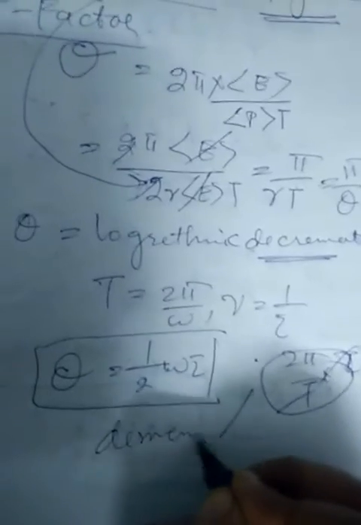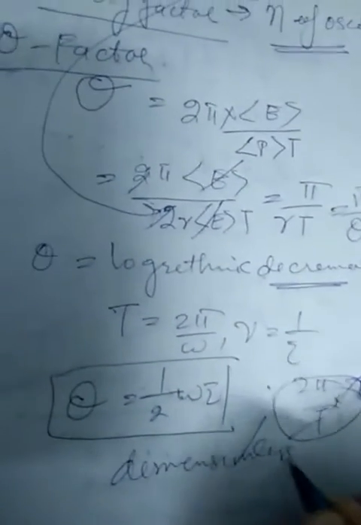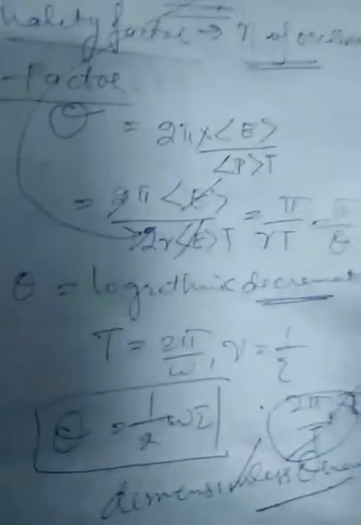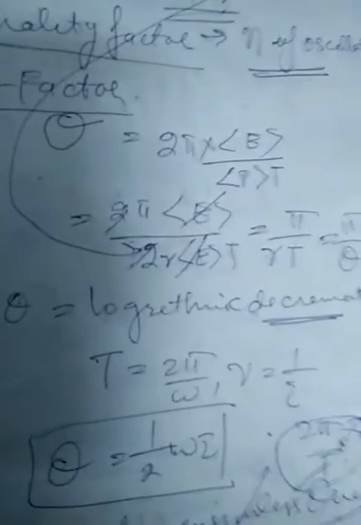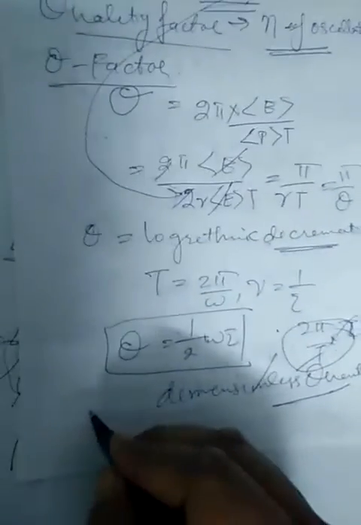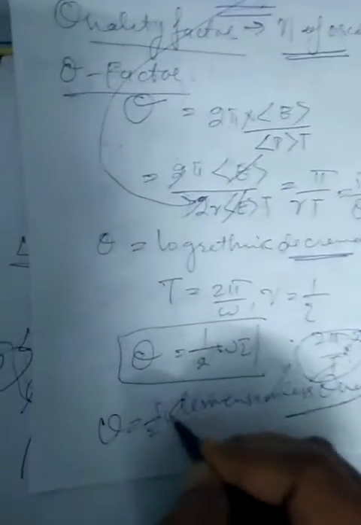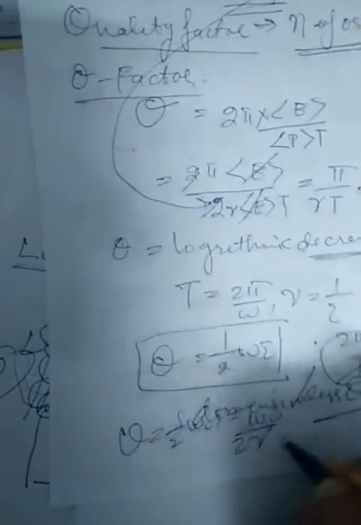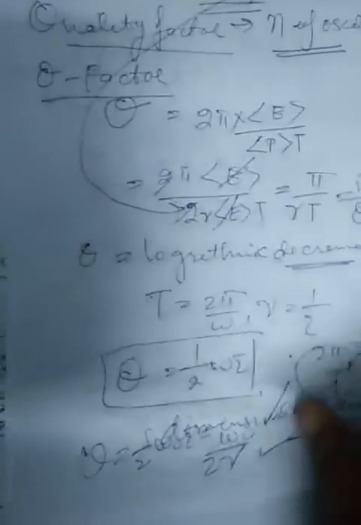So Q is a dimensionless quantity. That's the value of Q which we are able to find. Now, this value of Q can also be written in another form, 1 by 2 omega naught tau, which is equal to omega naught upon 2 gamma. So that is the quality factor of this oscillator.